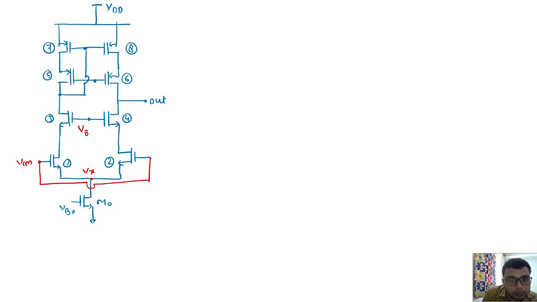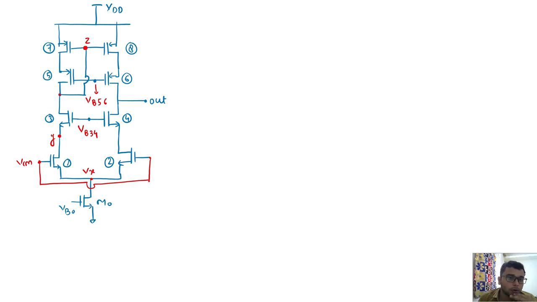So this node VB34 and this node VB56 are not defined by the structure or the current inside this structure. They are biased externally, but this node is defined. If I give the numbering, this node I can say Z, so it is defined. This is X. This node I will say as Y for the time being. Now I have to think how to calculate the minimum and maximum value.